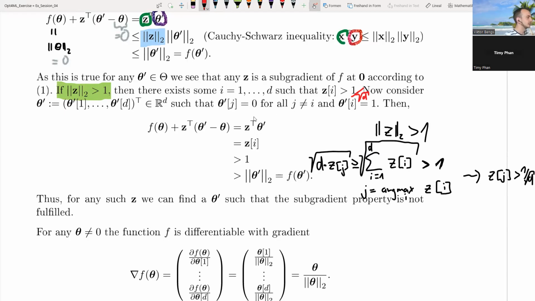Okay, and now what we also need to fix is that the ith component of the theta prime vector, that this is simply square root d, I guess. Let's see.